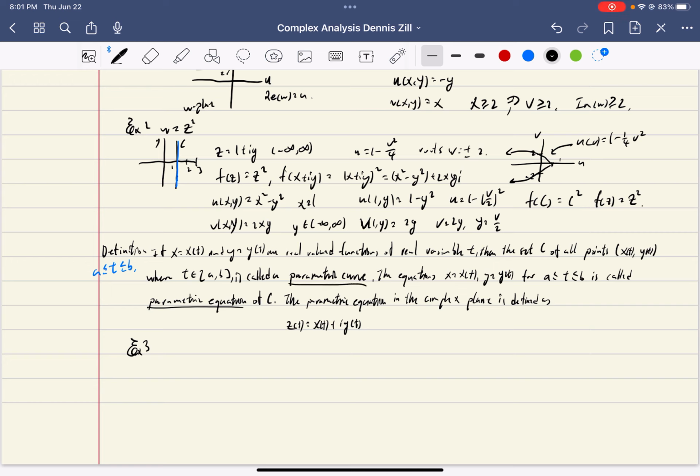The equations x equals x of t, y equals y of t for t between a and b are called a parametric equation of C. The parametric equation in the complex plane is defined as z of t is equal to x of t plus i y of t.